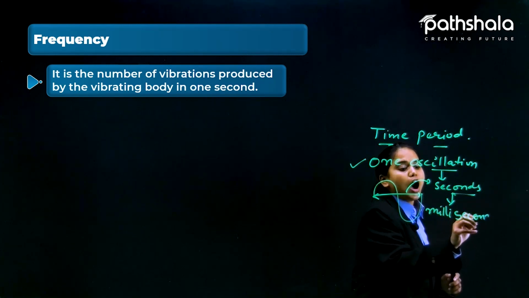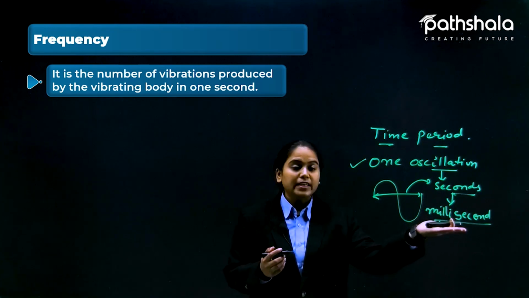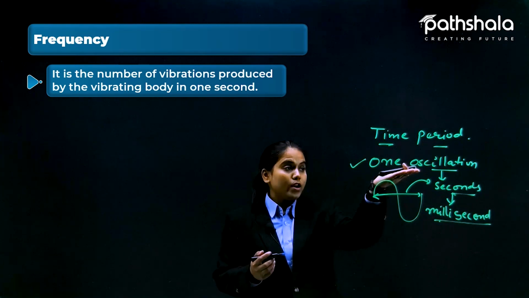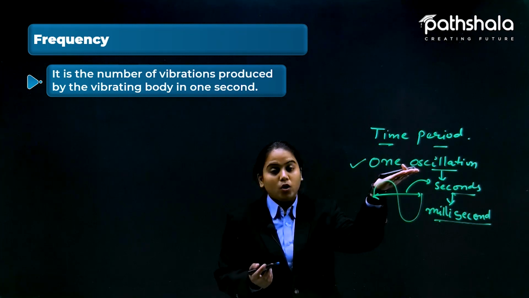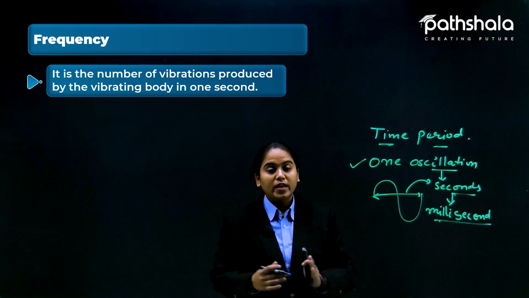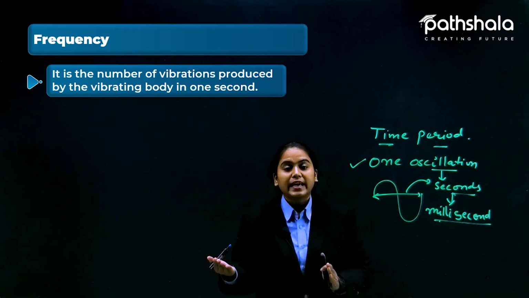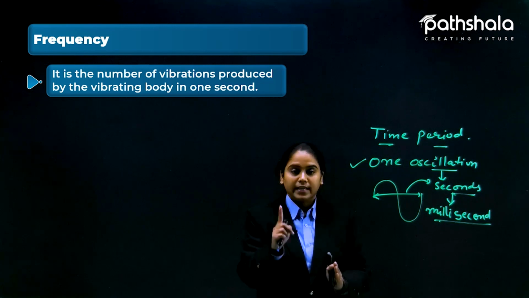So now how would you measure milliseconds? It is not easy for you to tackle the time period of one oscillation. Instead of this, what we are going to do is measure how many oscillations get completed in 1 second.